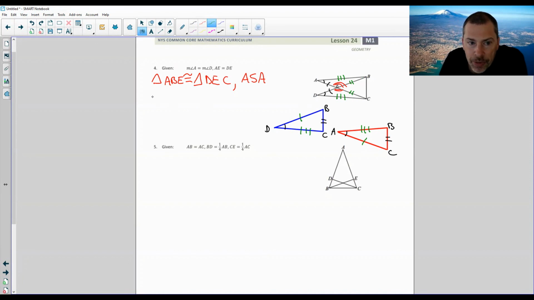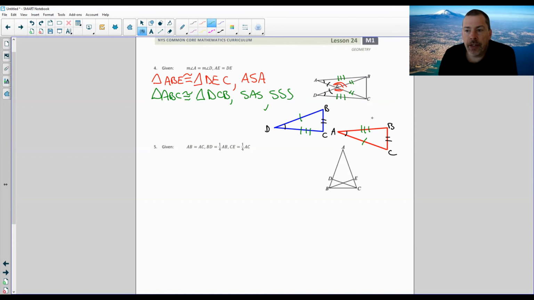So now I can say triangle ABC is congruent to triangle DCB. And the reason here is we could do this side with this angle and this side, that'd be SAS. And we could do side, side, side with all three sides. Okay, and there are others, but those are just two.